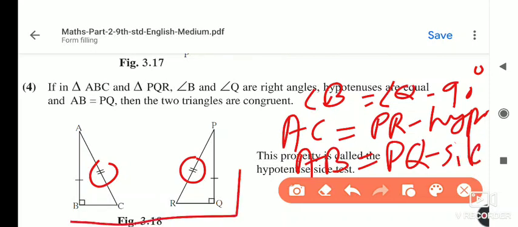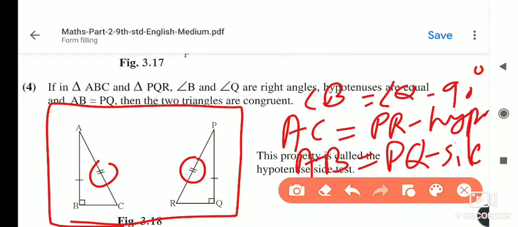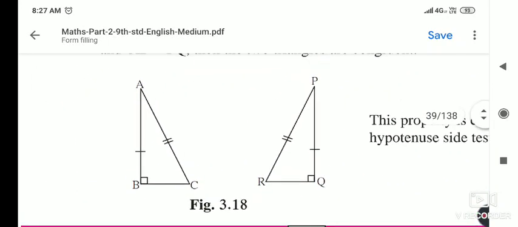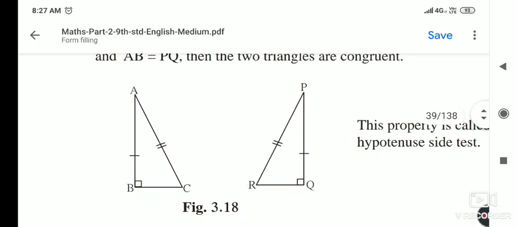If such a condition is there, then these two triangles are congruent by the hypotenuse side test. The most important condition is that the triangles must be right angled, their hypotenuses must be congruent, and one of the remaining two sides must be congruent to one side of the other triangle.